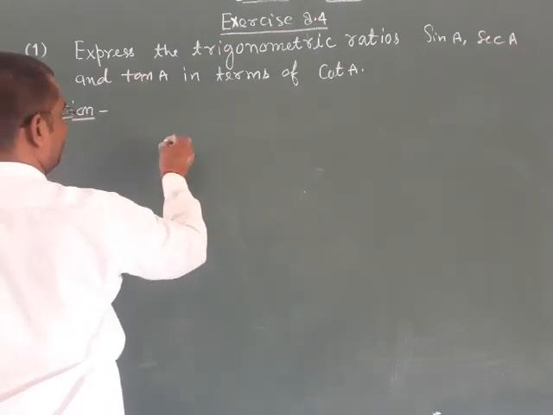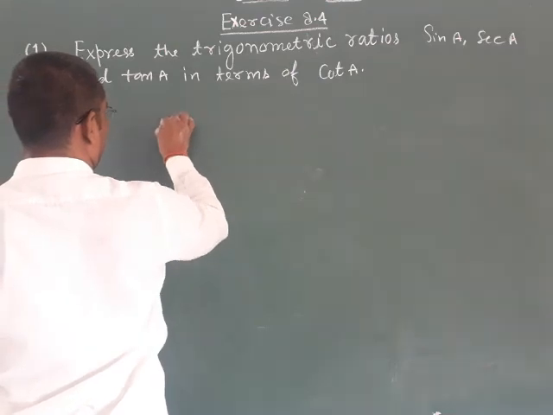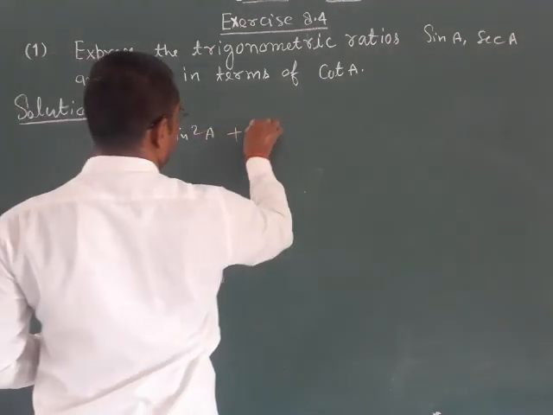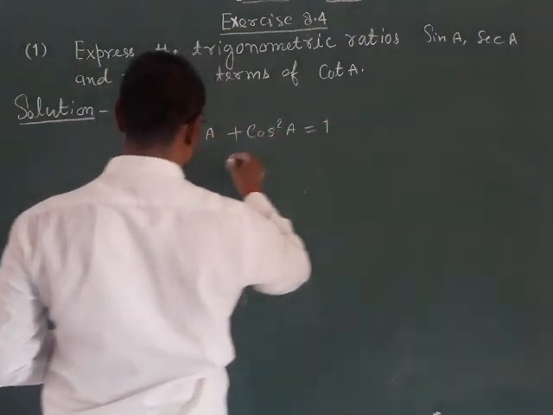So we know that sin square A plus cos square A is equal to 1.